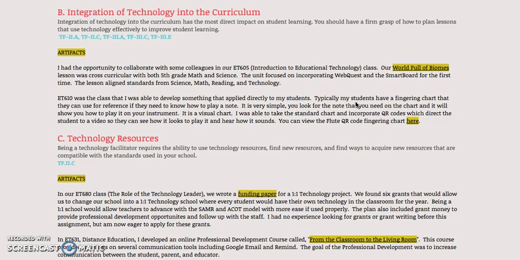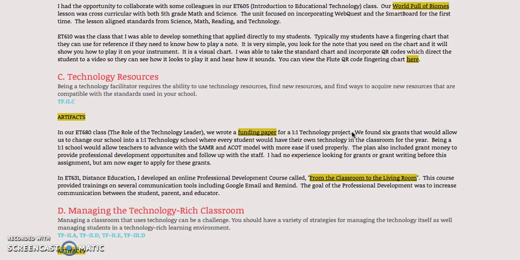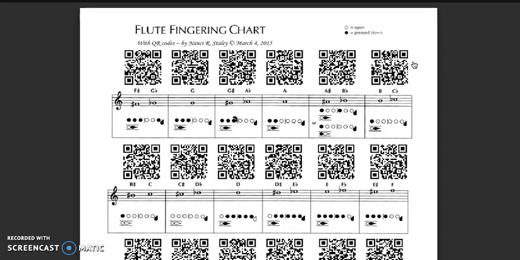We chose to incorporate a web quest and the smart board for the technology that we infused into it. In another class, our ET 610 class, was the first time that I was actually able to incorporate technology into instrumental music. I took a standard fingering chart that they could use as a resource, which typically is just a picture that shows the fingers that are required to play certain notes.